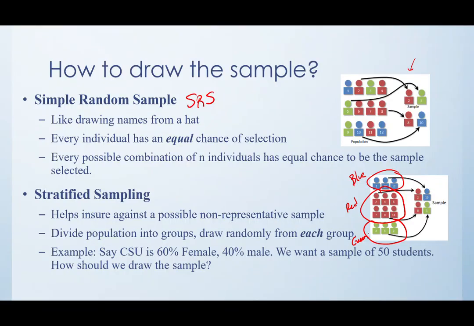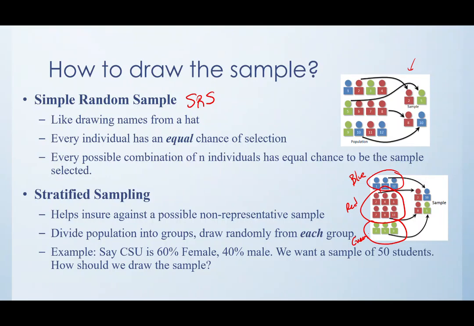Here, we're picking 4 people, and blue is 25% of the population, so we're going to draw 25% of our sample of size 4, or 1 person from the blue group. Same story with the red group. They're 50% of the population, so we're going to draw 50% of our sample, or 2 people from the red group. And same thing with the green group.